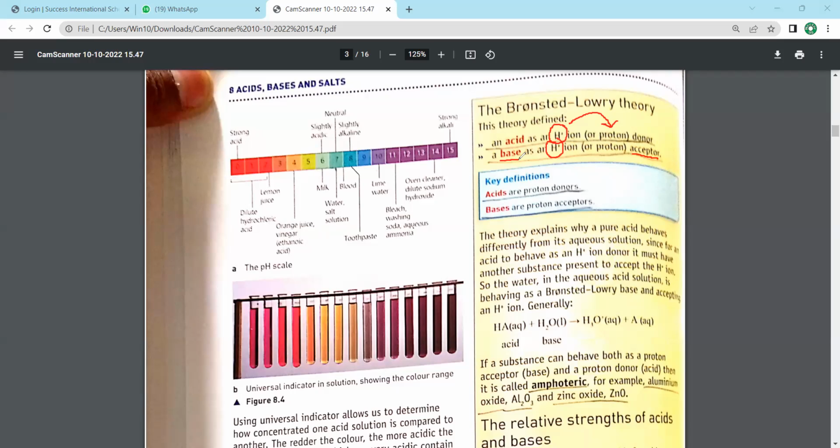Like the same, when somebody wants blood, the donor goes to the hospital and donates his blood, and the acceptor may be in the operation theater or on the bed, he receives or accepts the blood. Understand? Now the key point you should remember: acids are proton donors and bases are proton acceptors. Easy, my dear?